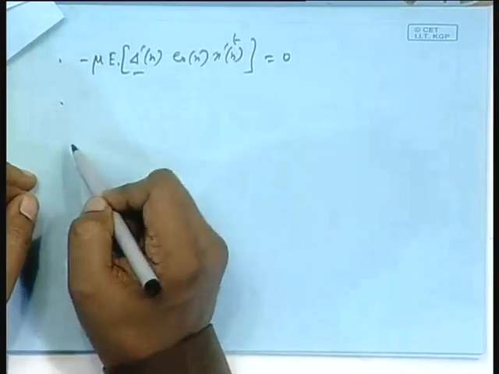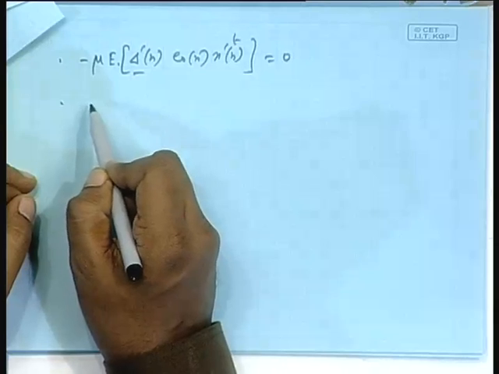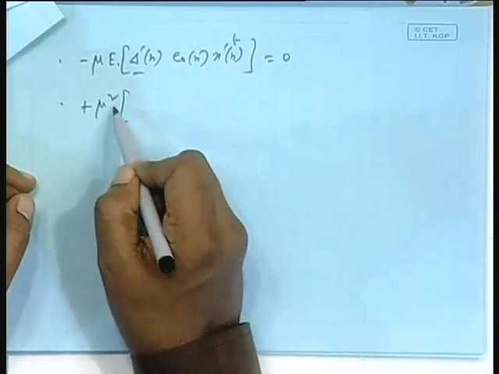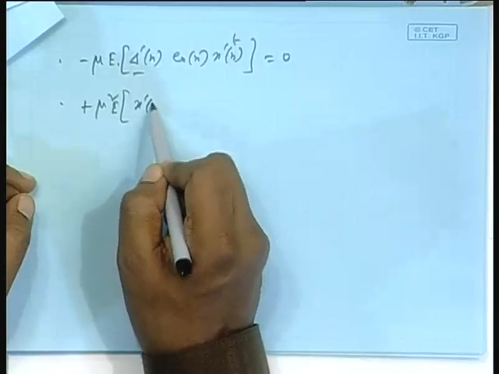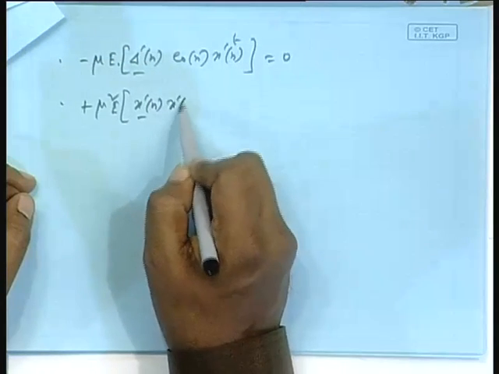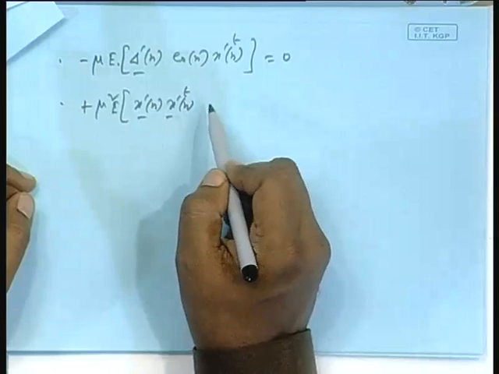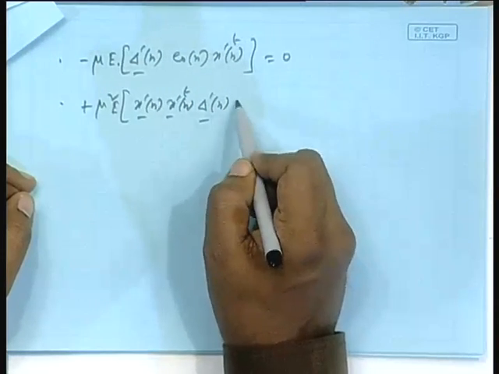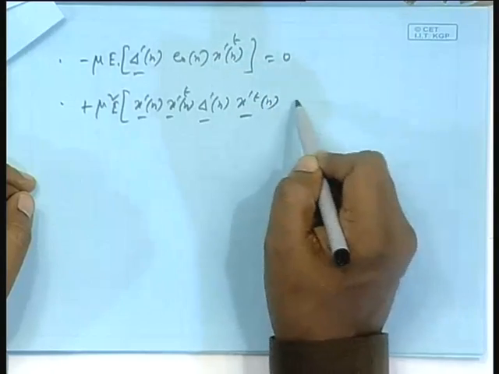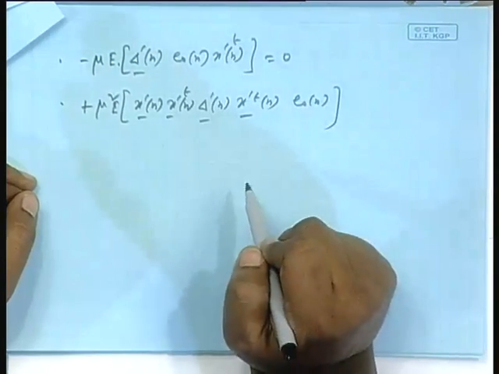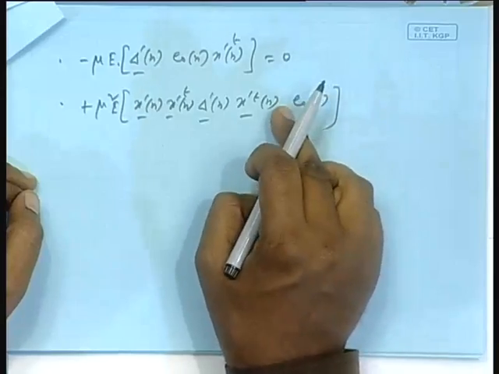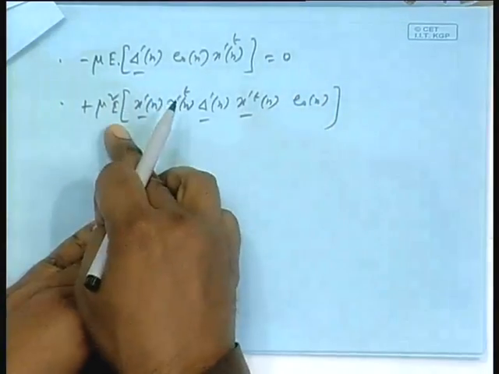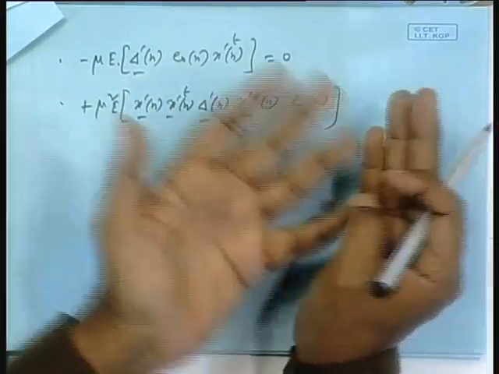I am repeating what I stated, and that other term is plus, because minus by minus is plus, mu square E. But here you make use of the fact that this fellow is independent of the rest. So, E over this will come out separately, which is 0. So, this will go to 0.